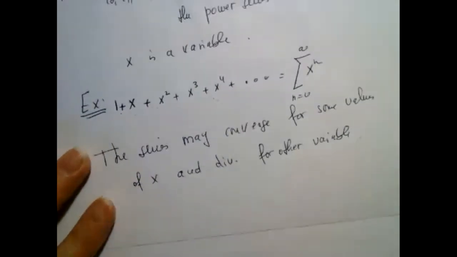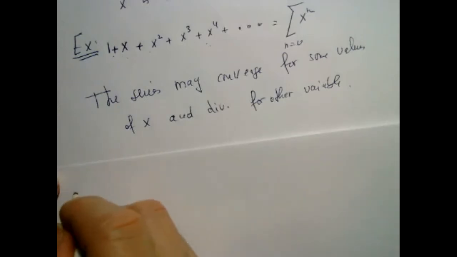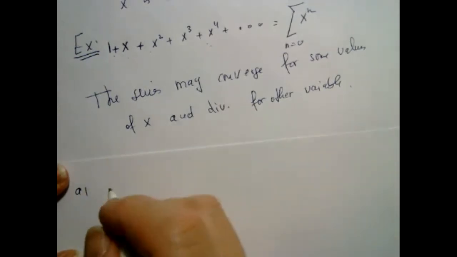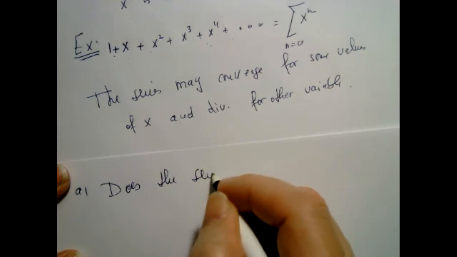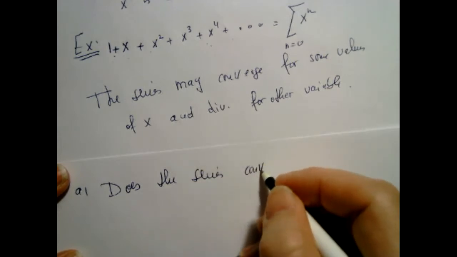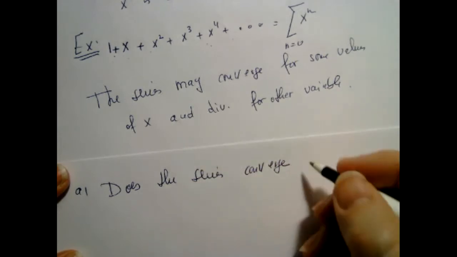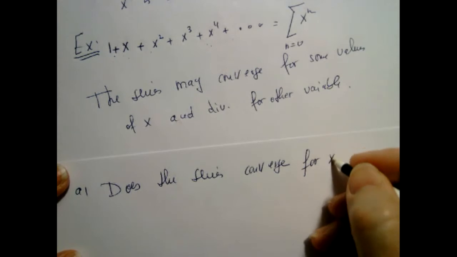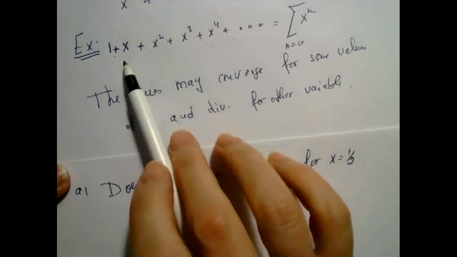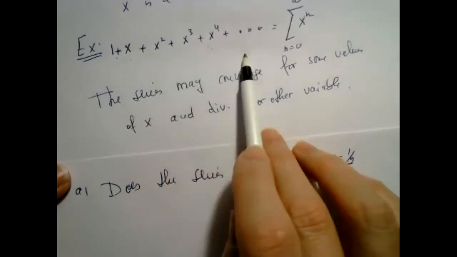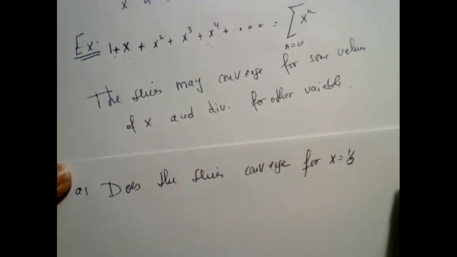So my question number 1 concerning the same series: does this power series converge for x equal a half? What does this mean? It means that if I plug in a half in here, will the series converge?